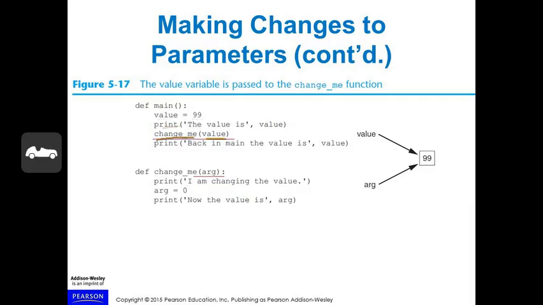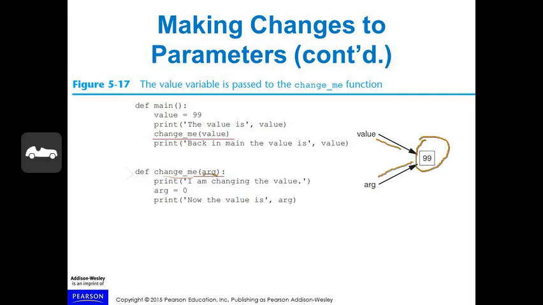At this point, the interpreter will jump here to the change me function definition and assign value to arg, so that value and arg are both pointing to the same piece of data, 99. And then the interpreter starts to execute the entire function.